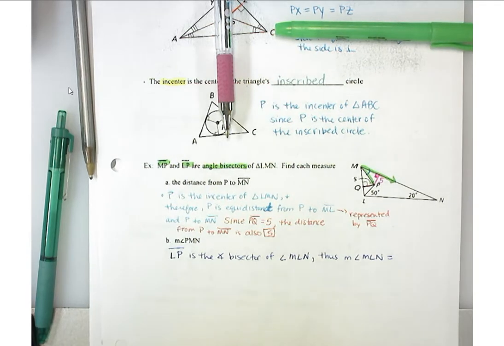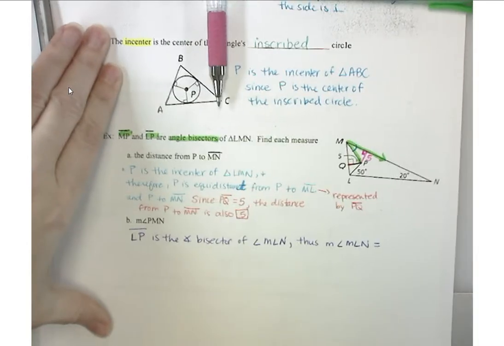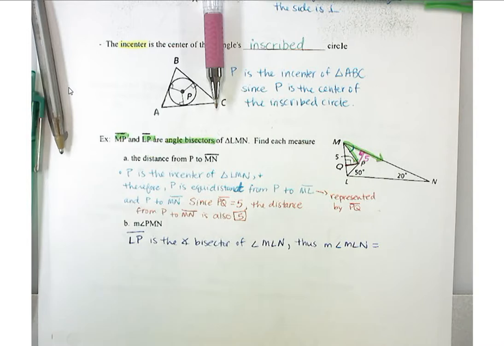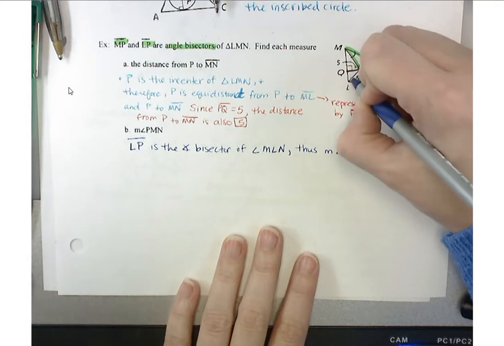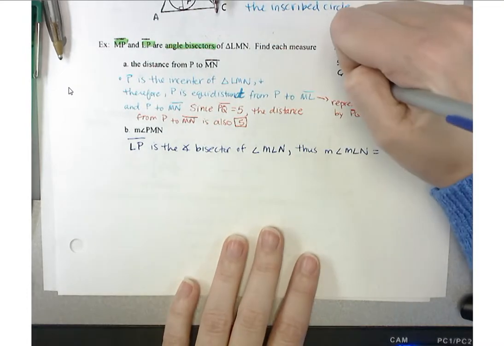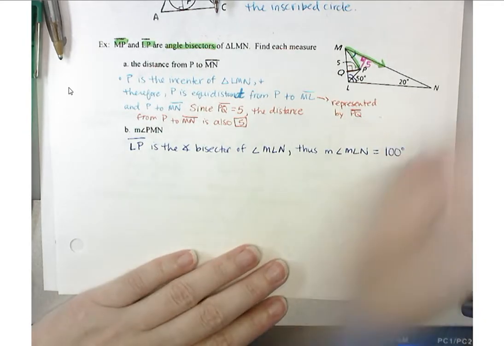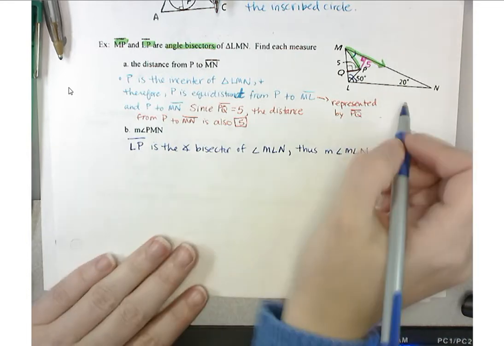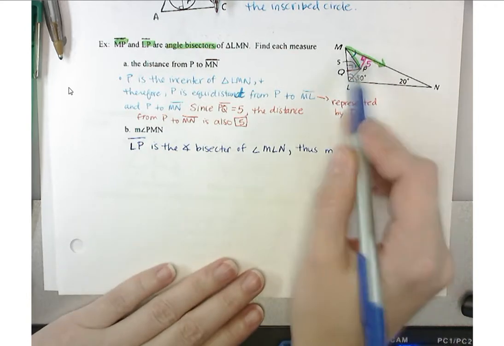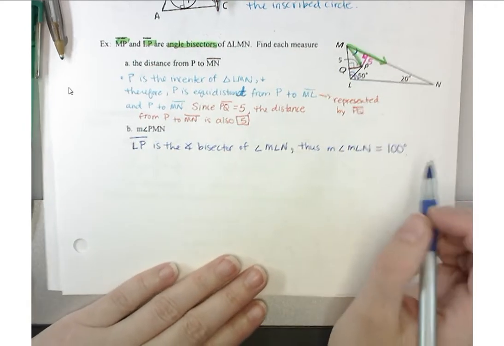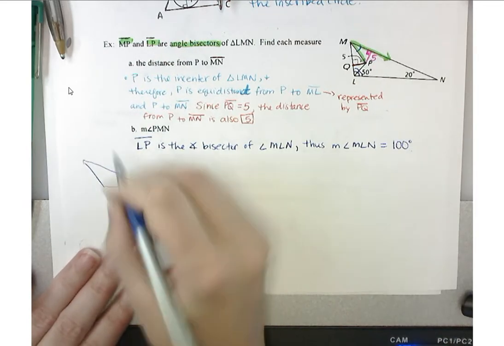If you look at your picture, if you know that this is an angle bisector, and this is marked off as 50, what do I know about this side? It's 50, so altogether it would be 100. Now, I'm trying to find this angle here. I'm going to look at this triangle as a whole. I like to draw rough sketches so I can visualize this.